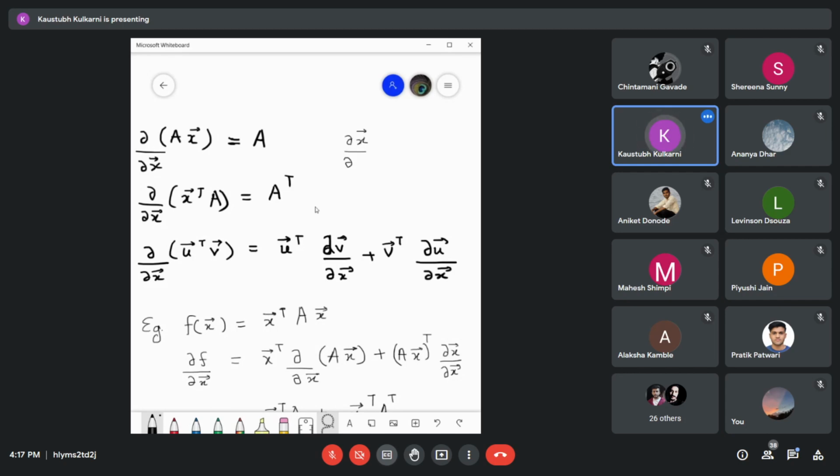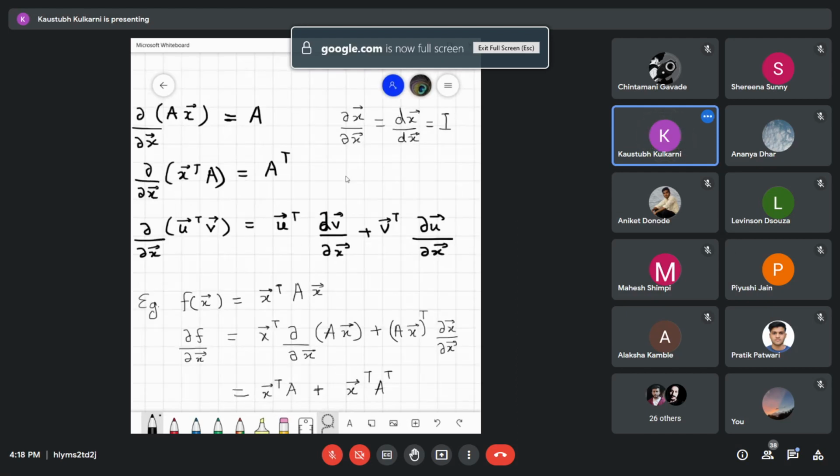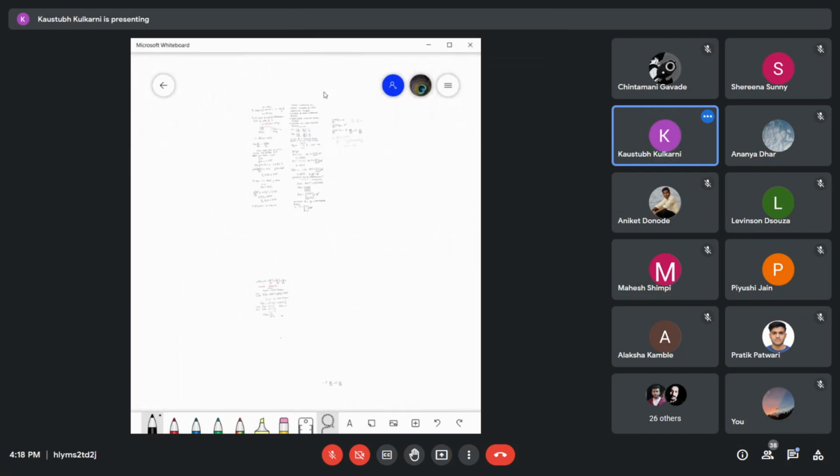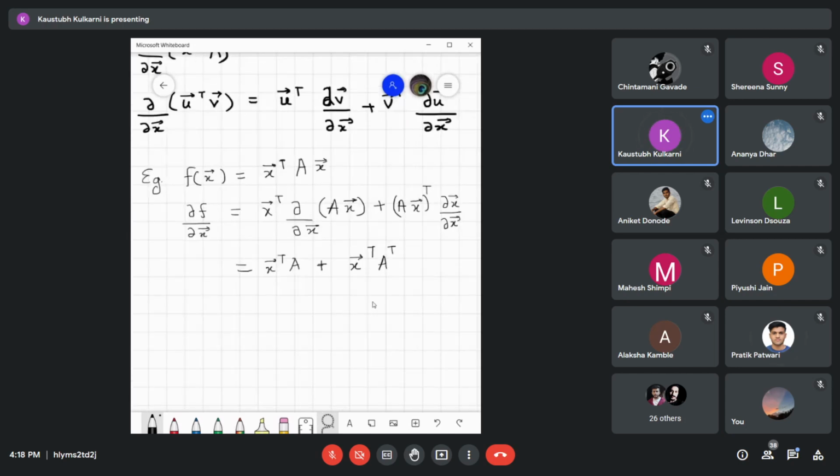Dou x bar by dou x bar is nothing but dx bar by dx bar, because there is only one variable, and it is equal to I. Now this I is of the dimensions, so if x vector is of the dimensions n cross 1, then this will be of the dimensions n cross n. But this is an identity matrix. So we'll have I over here due to this operation, which gives us nothing but X transpose plus A transpose.